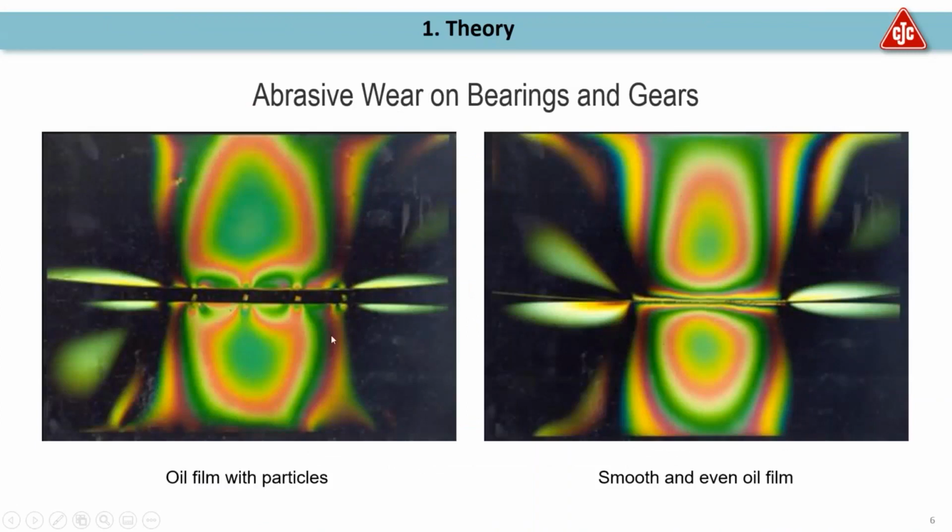Looking at pictures here, we have a very nice oil film, smooth and even, no pressure spikes here that can damage the components. And then on the left-hand side, an oil film with particles where you can clearly see particles that cause these high pressure zones and obviously wear and tear.